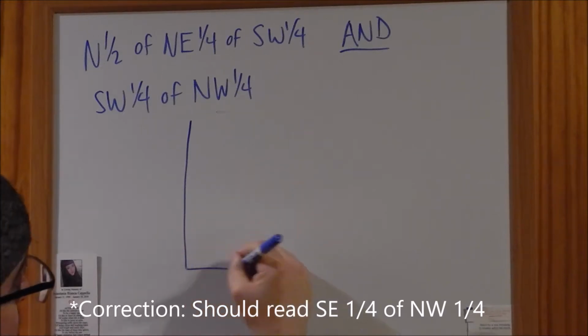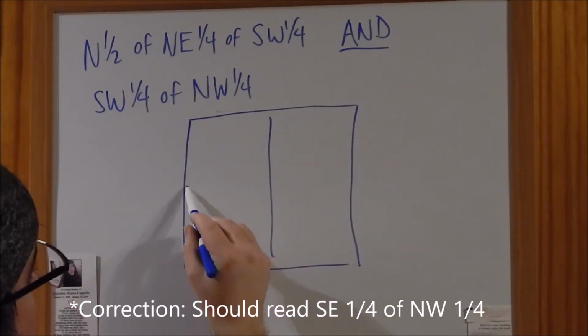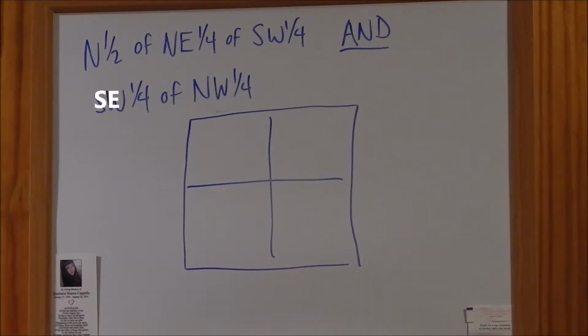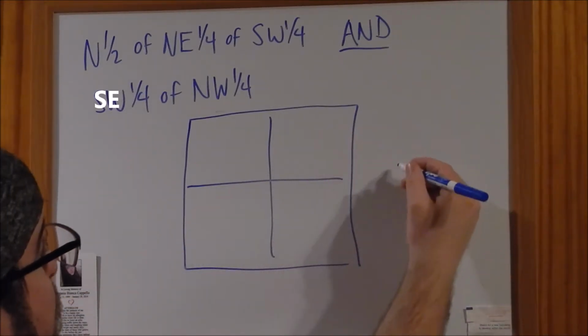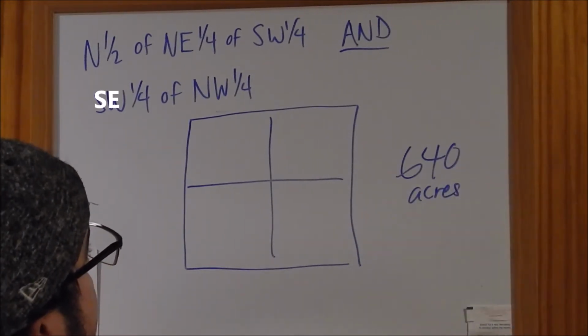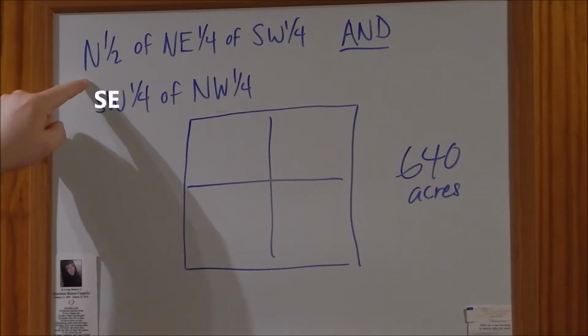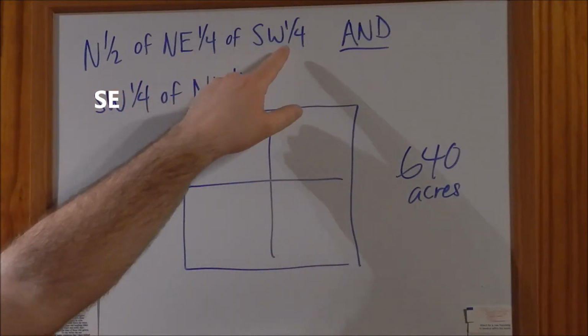If we had a legal description as seen above, there are two ways you can approach this question. The first is to try to map it out on your quadrant right here. Again, we know that the total for the whole thing is 640 acres. So let's try to start. We have the north half of the northeast quarter of the southwest quarter.